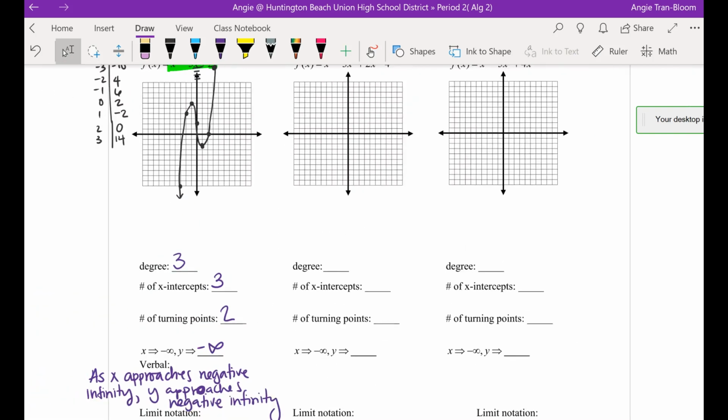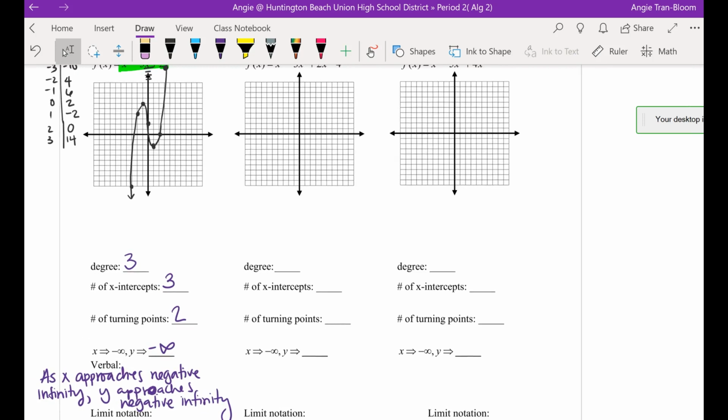So we know yesterday, we said the degree is 3, the x-intercept is 3, the number of turning points is 2. This is a verbal representation of that, right? So as x approaches what? Which way am I going? What's happening to y as I keep taking a step to the left?